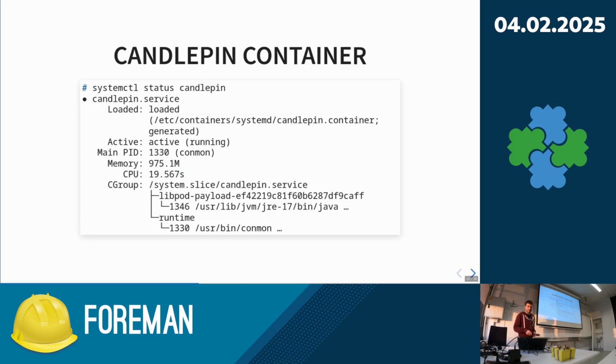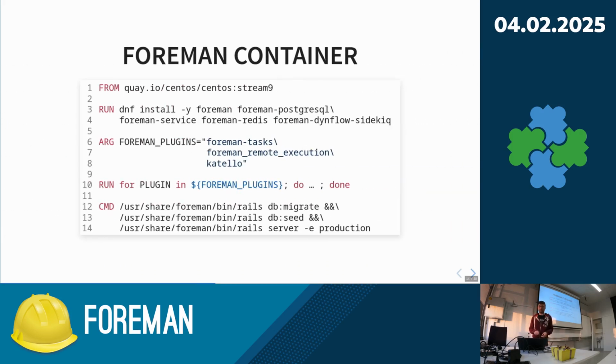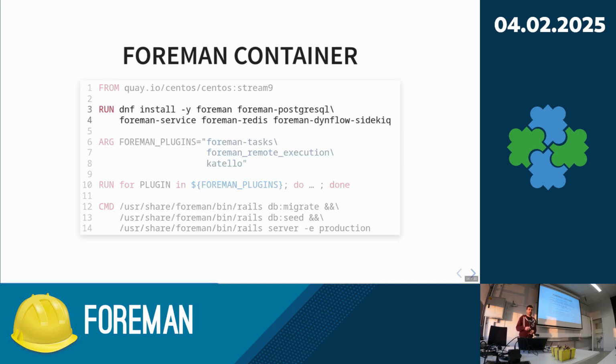And Foreman brings a couple of very interesting problems with it, right? We obviously again start with CentOS 9 because that's a base, that's fine. But we need to install actually more things than Foreman.